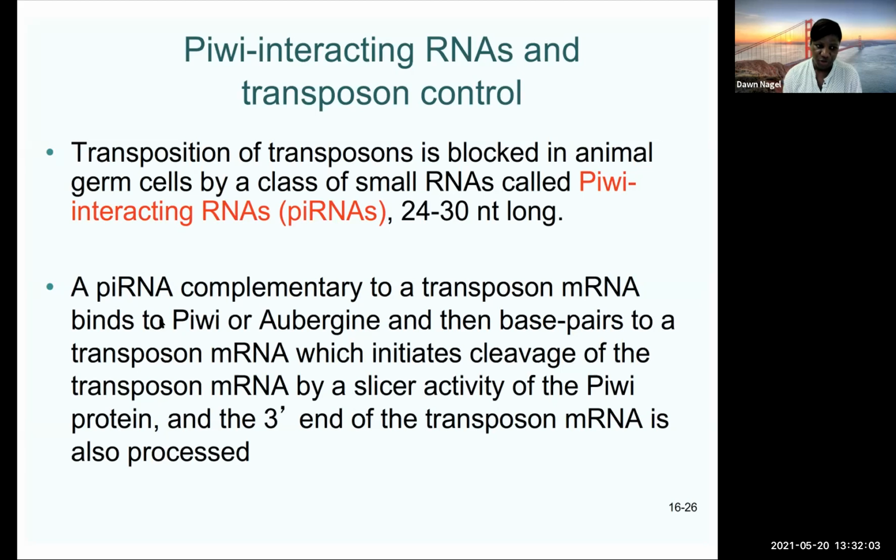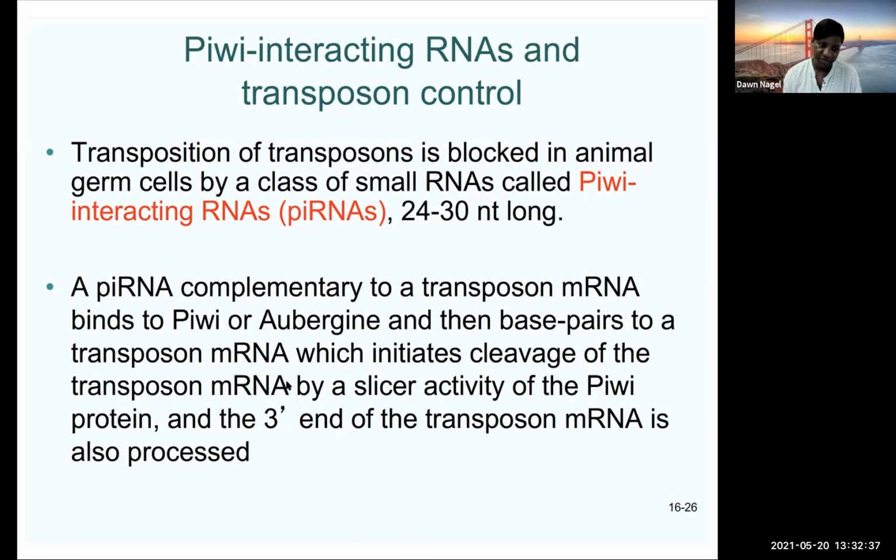It's similar to what you have with the siRNA with your dicer proteins and that RISC complex. These proteins are bound to the target mRNA with the help of PIWI proteins and another type of protein called Aubergine. It will similarly base pair to the target mRNA and cleave the target mRNA, okay?